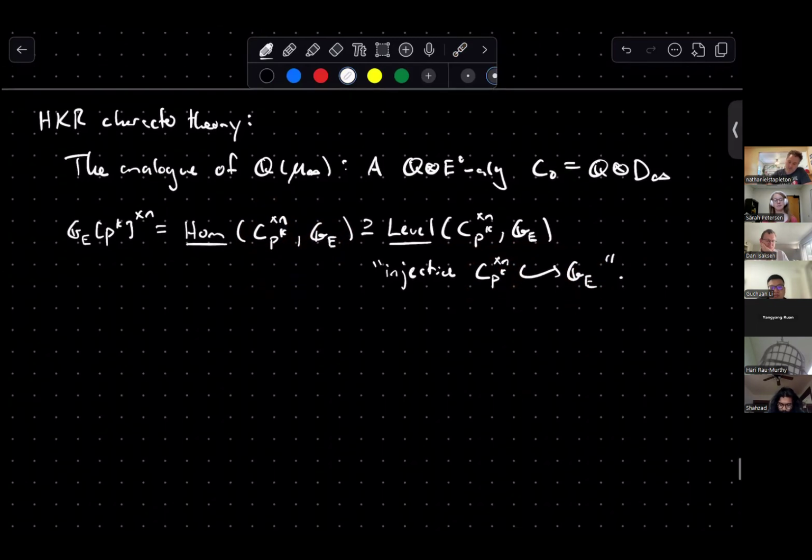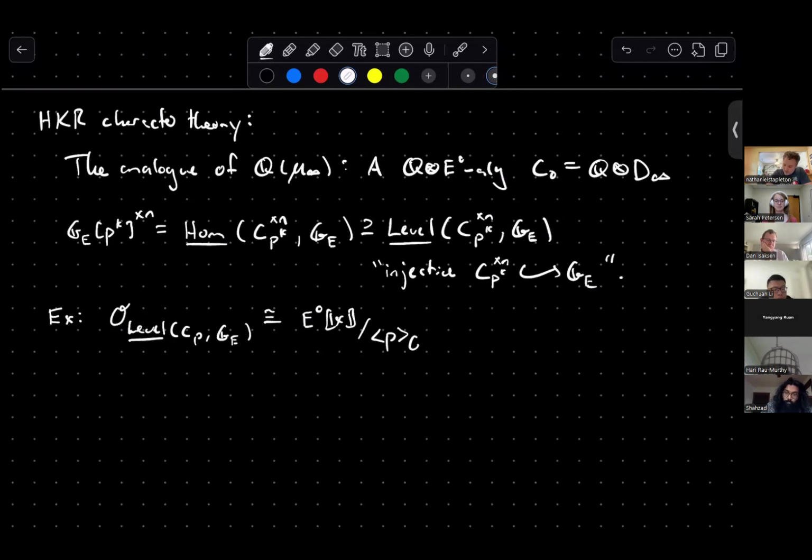And just to give some indication of what this might look like, the ring of functions on level CP GE, so it's not with the power to the n there, is E naught double brackets X mod the angle brackets P series of X, where this angle brackets P series is the P series mod X. So I'm saying I want a P torsion point.